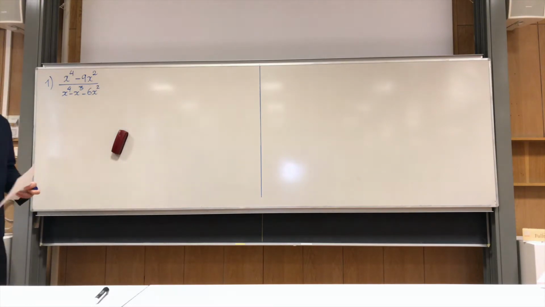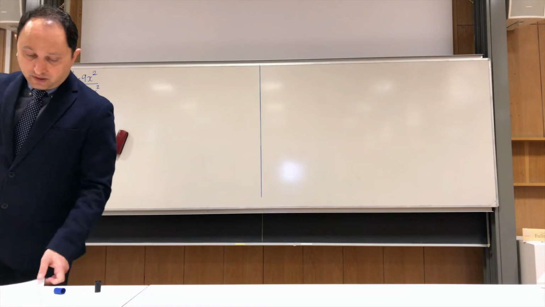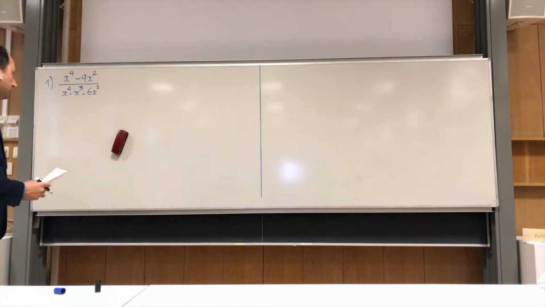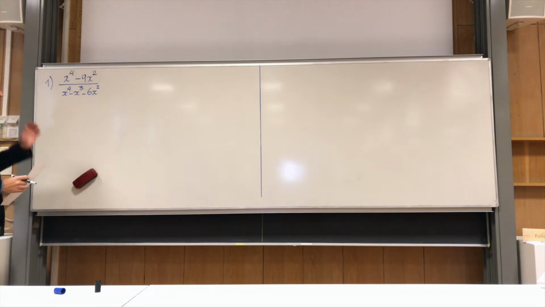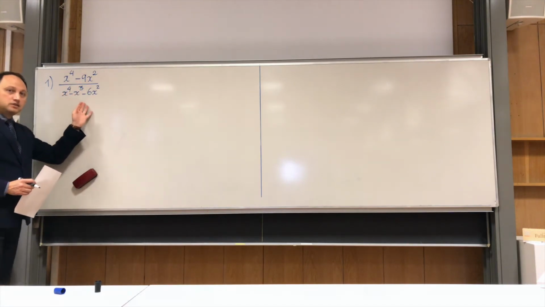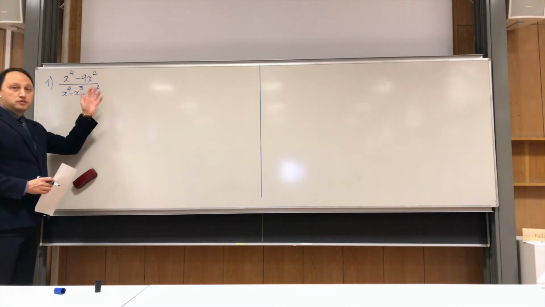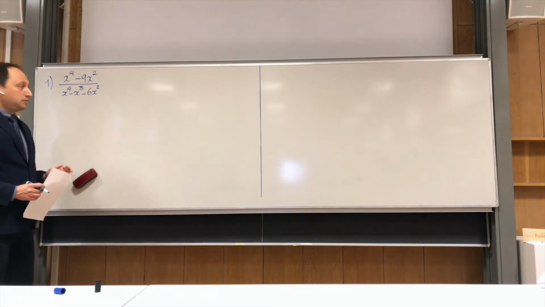If you recall from the previous lecture, if I want to simplify a rational expression like this, I need to factorize both the numerator and the denominator, find the common factors, and simplify all common factors between the numerator and the denominator.